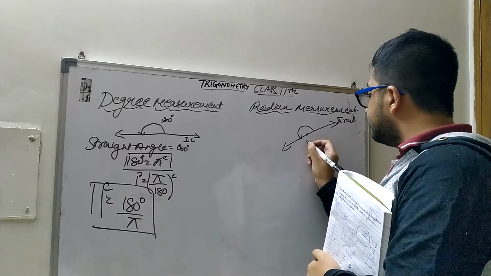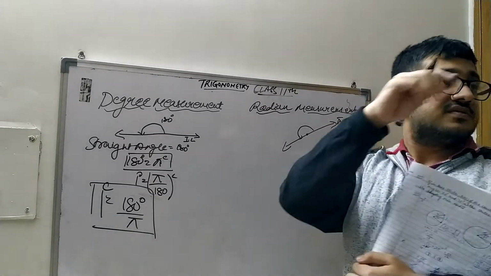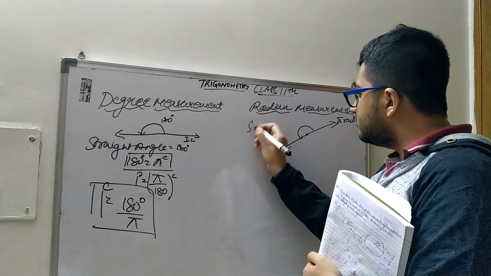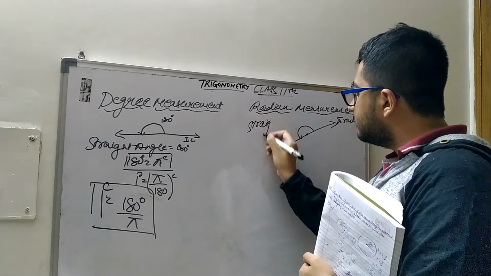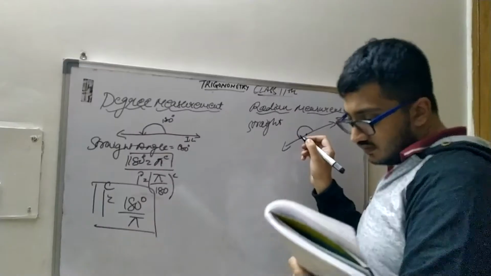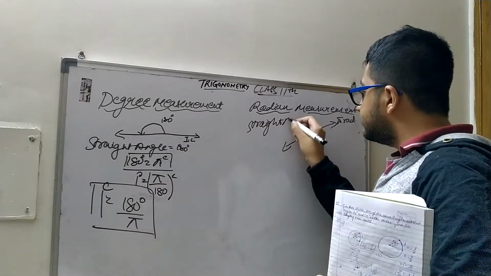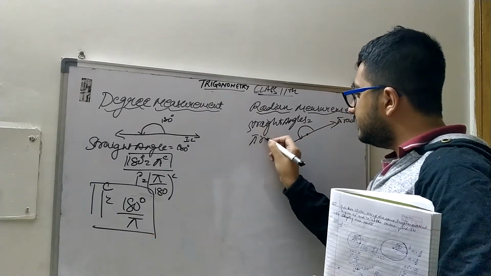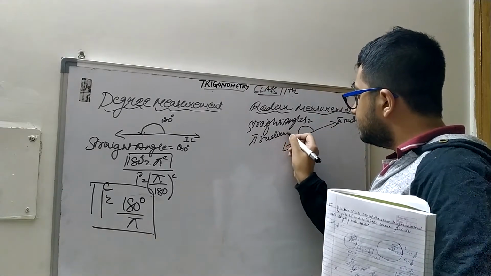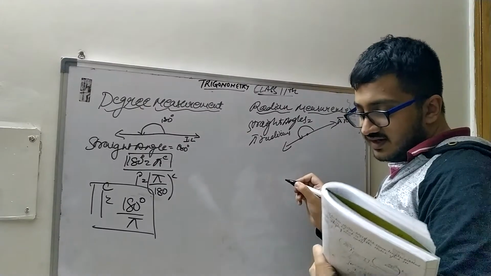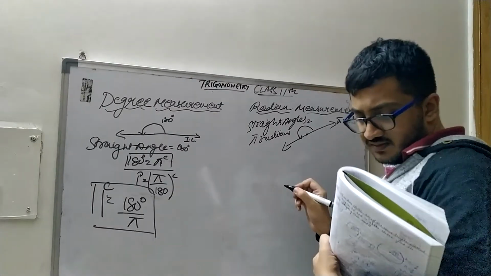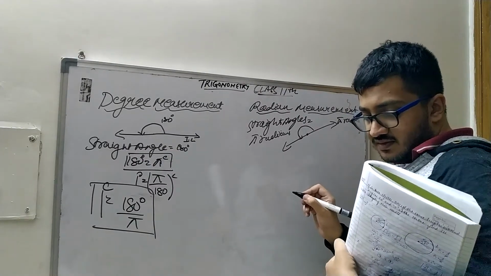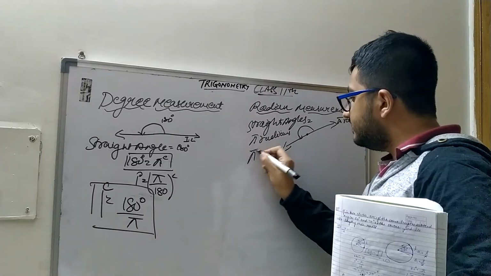In radian measure, the straight angle is equal to pi radians.